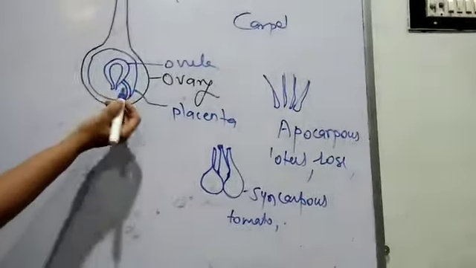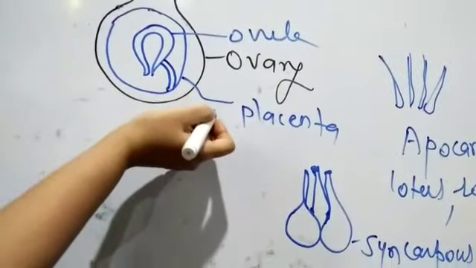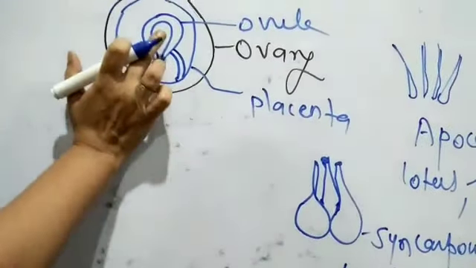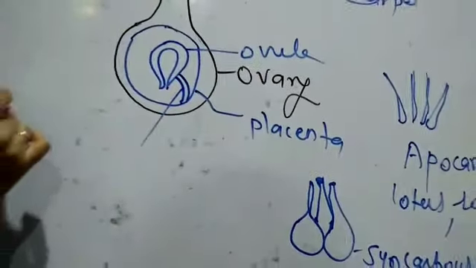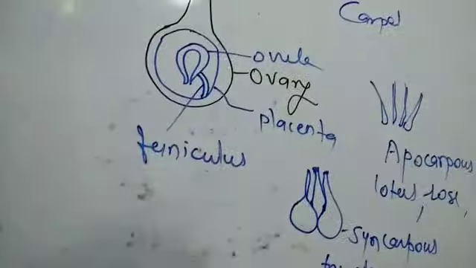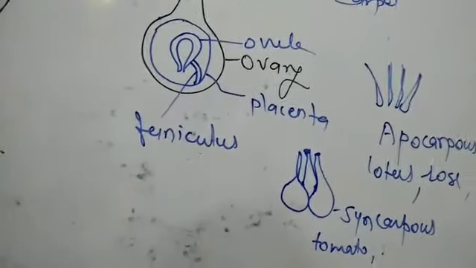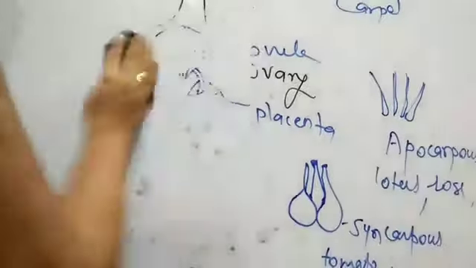As I have said, the ovule is attached to the ovary through the placenta, and the connection of the placenta to the ovule is a stalk-like structure known as funiculus. So if we have to study the ovule, I will divide it into two parts. What are the two parts?